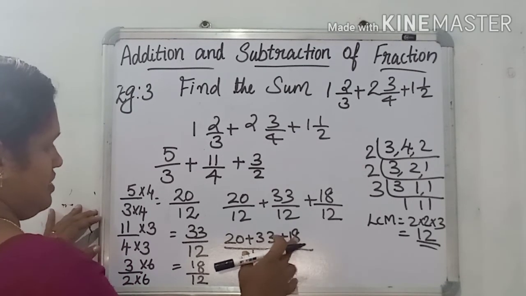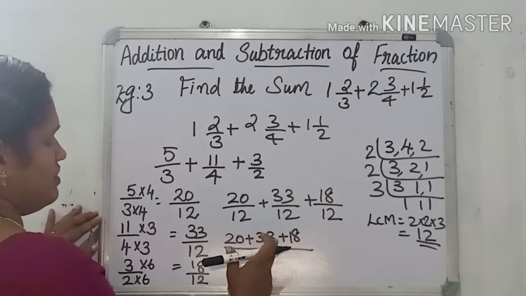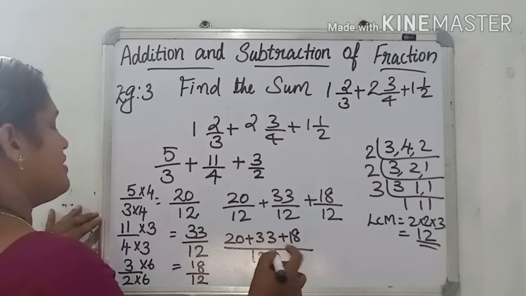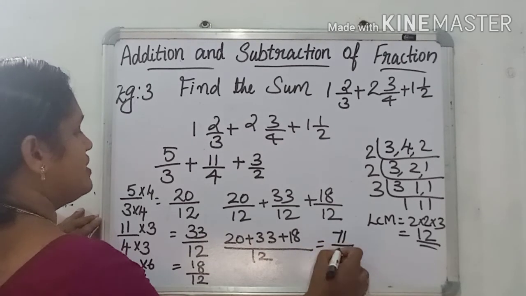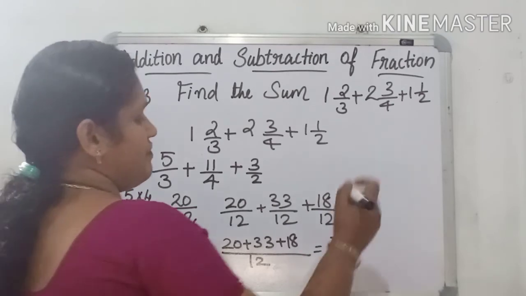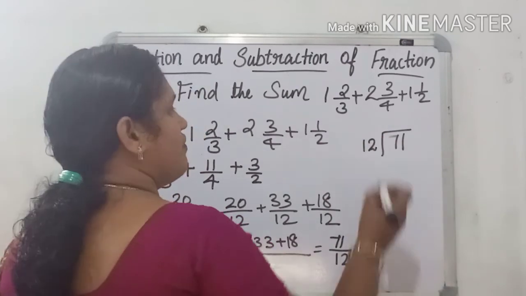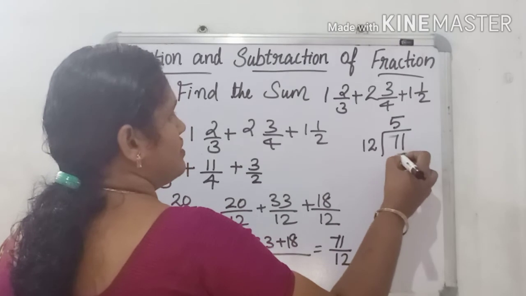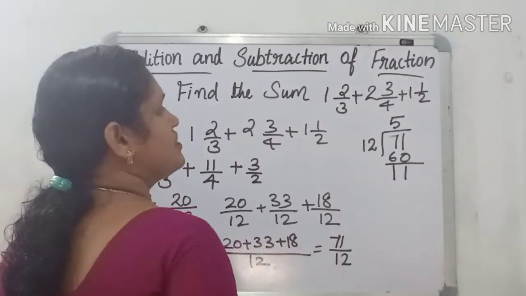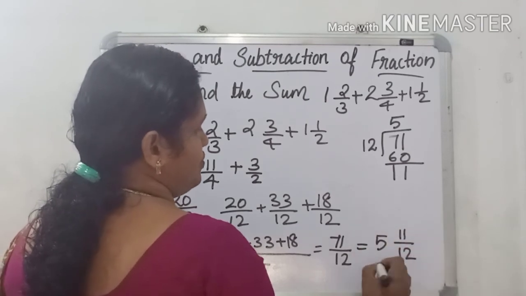Here 18 plus 33 equals 18 plus 3, 21, 21 plus 30, 51, 51 plus 20, 71. 71 by 12, we can convert it into mixed fraction. 71 by 12. 5 times 12 is 60. Remainder 11, which is equals 5, 11 by 12.